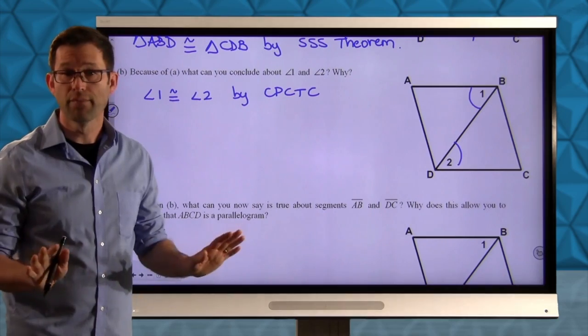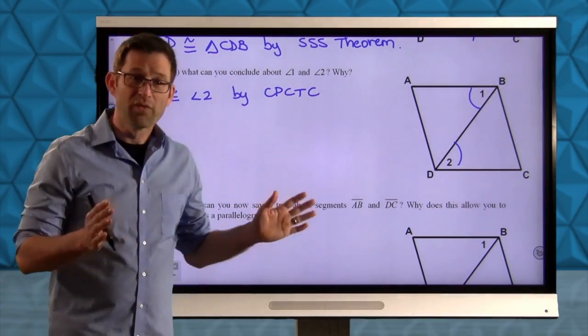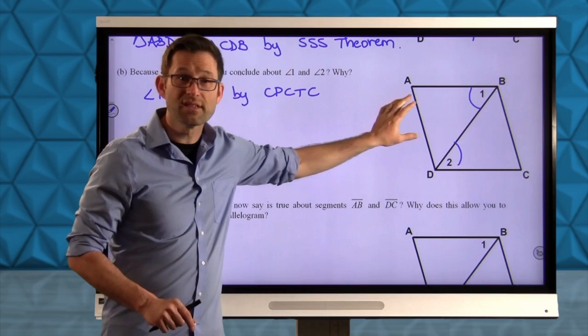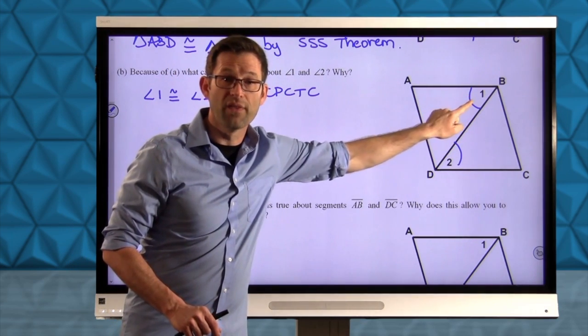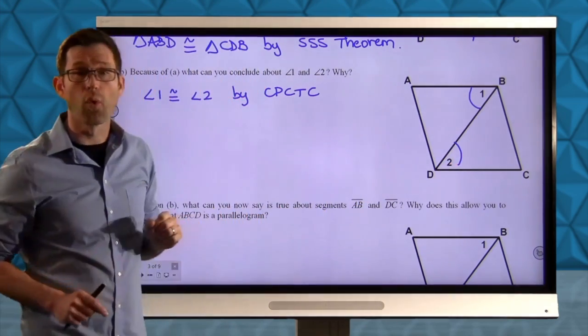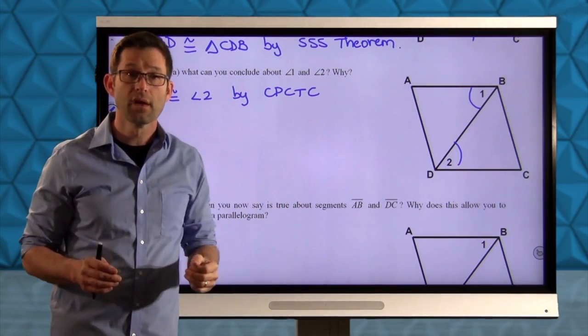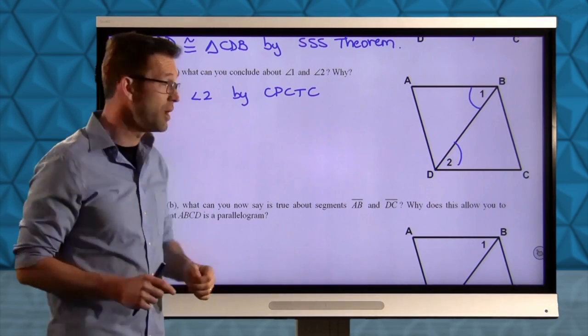All right, great. So think about this now. We've got this rhombus, and because it's a rhombus, we can prove that this triangle is congruent to that triangle, which then tells me that this angle is congruent to that angle because they're corresponding parts of congruent triangles, and therefore they must be congruent themselves.